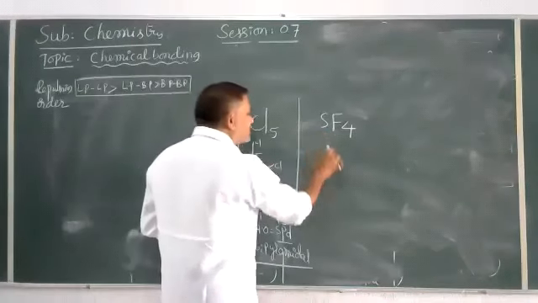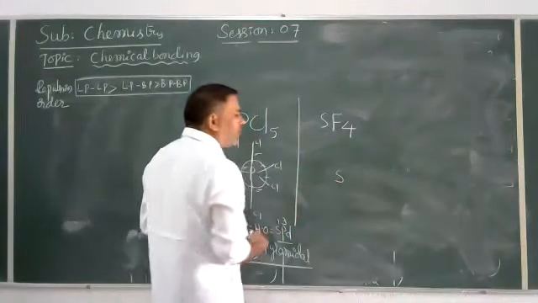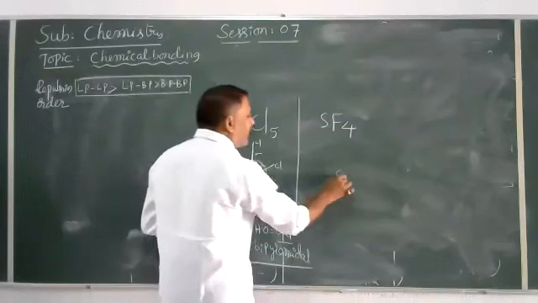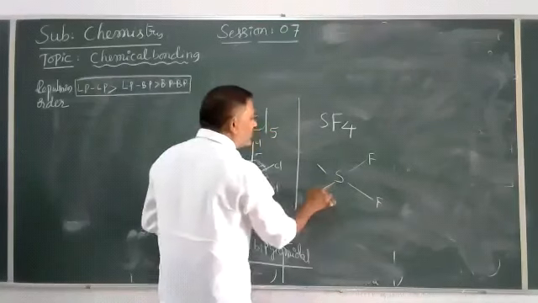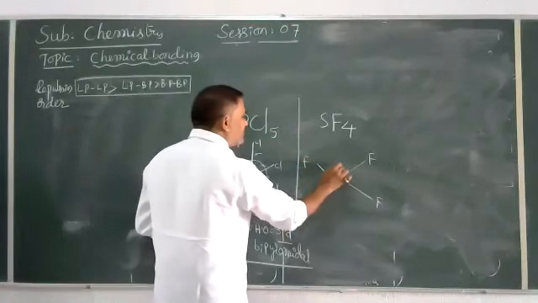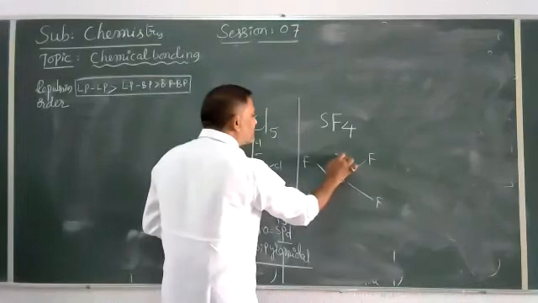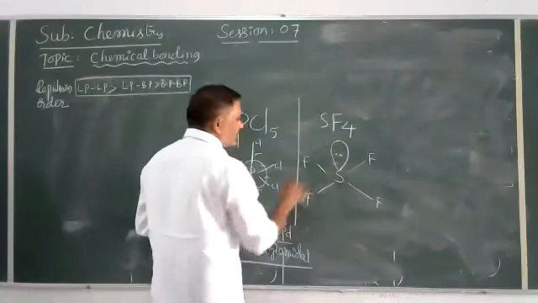Whereas in this case, around sulfur, 6 valence electrons are there. Out of 6, 4 are bonded with 4 fluorine atoms. 1 lone pair is present here. Total 6 valence.